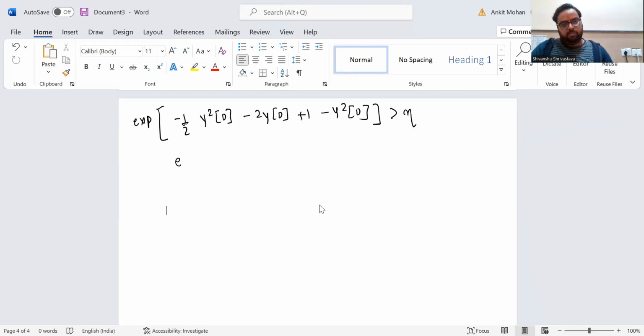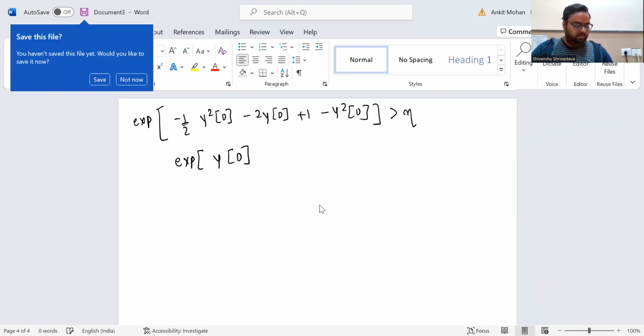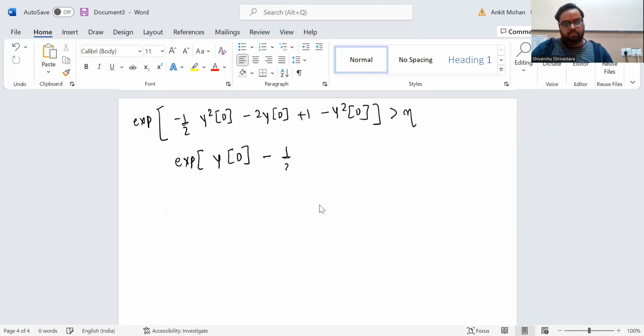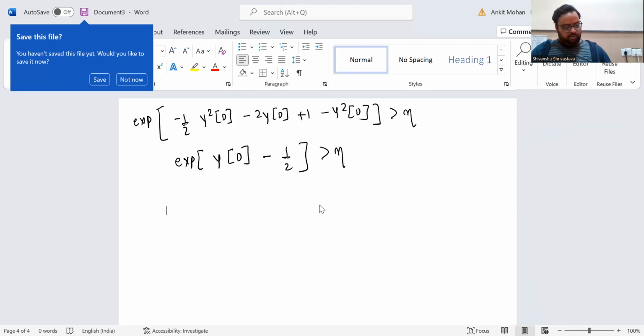So finally what I obtain here is exponential y of 0 minus 1 by 2, and that has to be greater than eta.